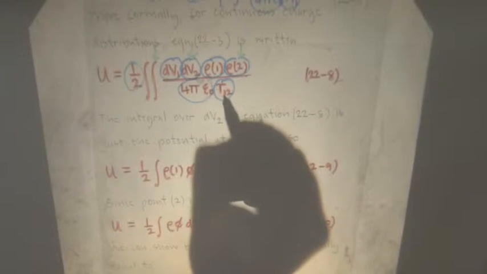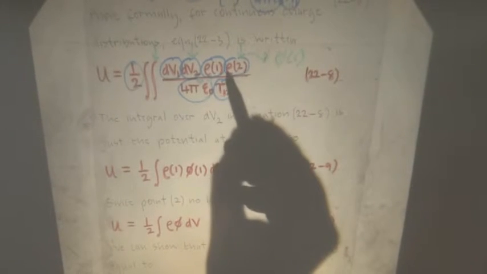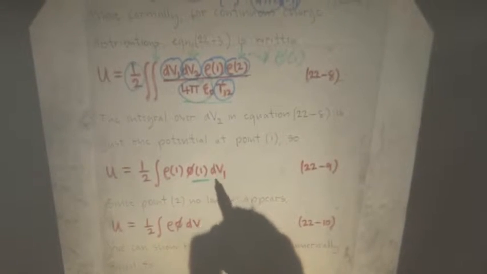So this whole integral over dV2 rho 2 over 4 pi epsilon naught R12 is together the potential at point 1 created by all the charges at point 2. And so if you take that out, all that you're left with, again, we've got the factor half in the front, we've got rho 1 dV1, and then this whole rest of this thing just becomes the potential at point 1.